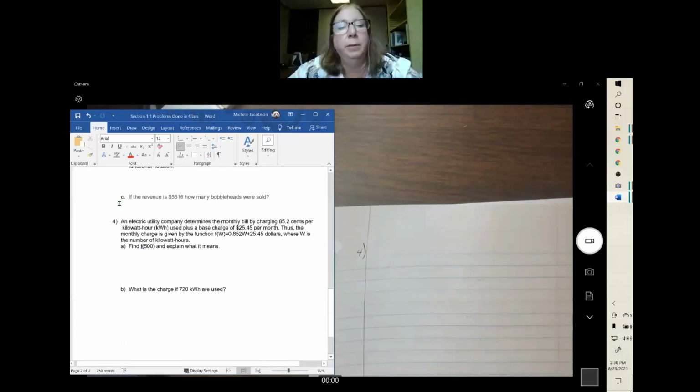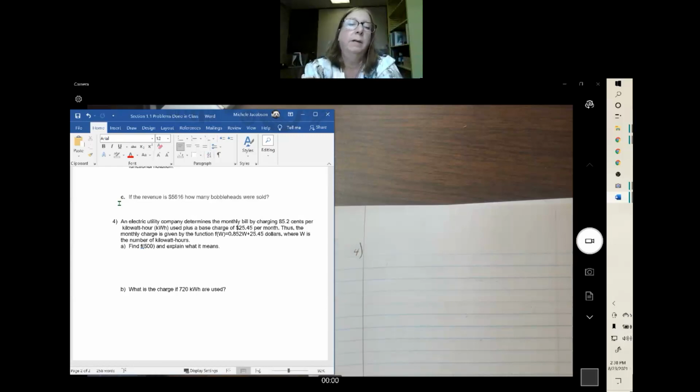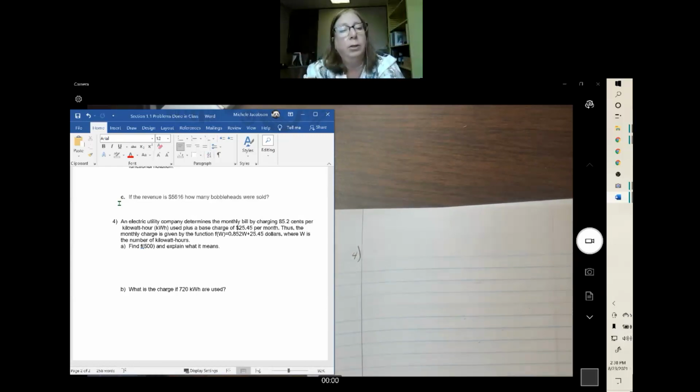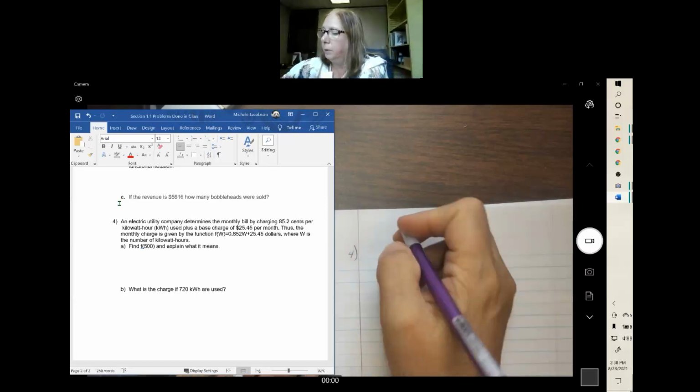An electric utility company determines the monthly bill by charging 85.2 cents per kilowatt hour used plus a base charge of $25.45 per month. Thus, the monthly charge is given by the function.